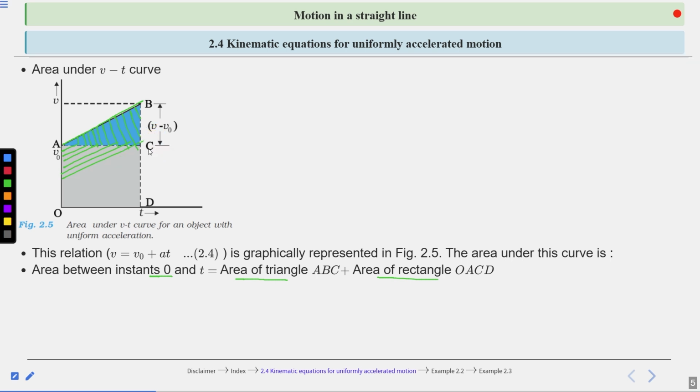So the area under the v-t curve is the area of the triangle plus the area of the rectangle OACD.